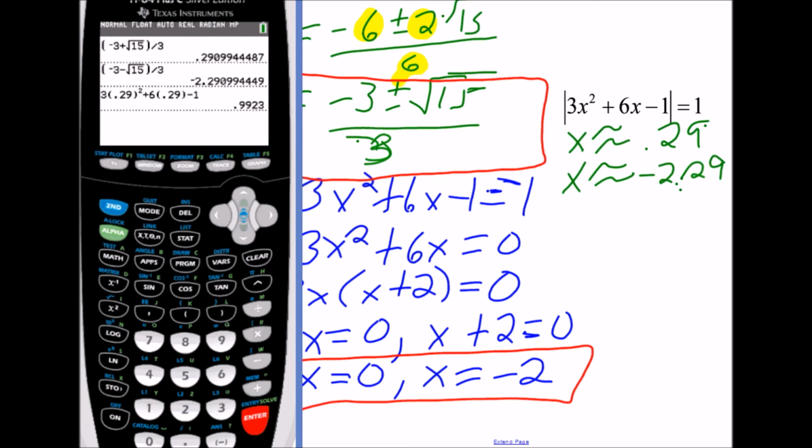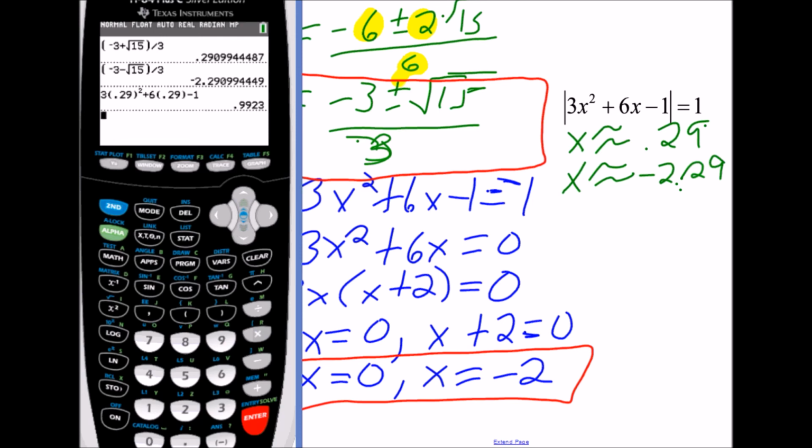That's what the absolute value equation that we were given said. It's equal to 0.9923. Well, I'm going to say that's pretty darn close to 1. So I am going to say that that solution worked. Again, we truncated 0.29, and so we expect that we've got a rounding error when we plug that back in.